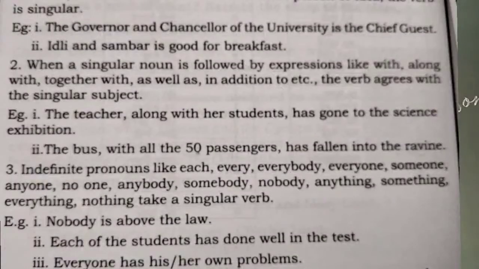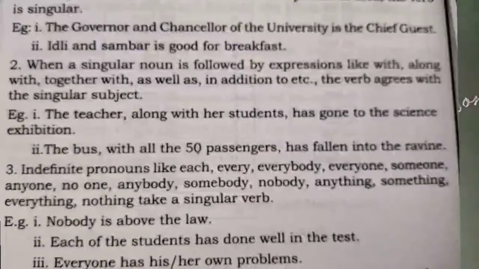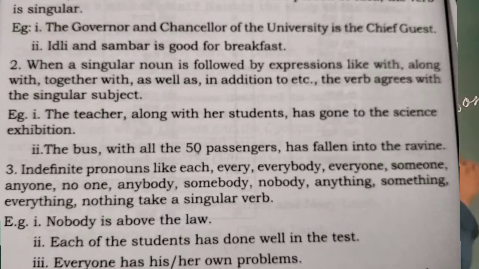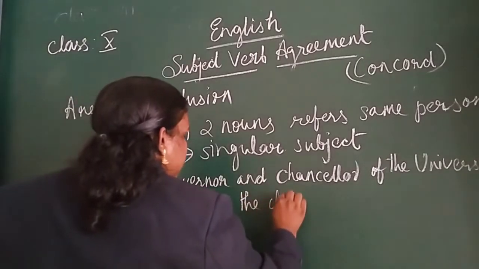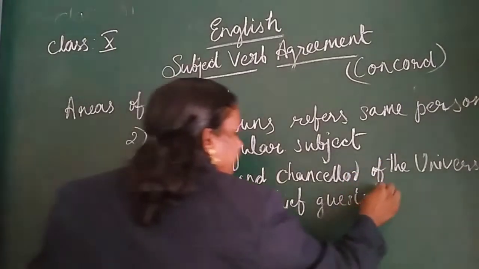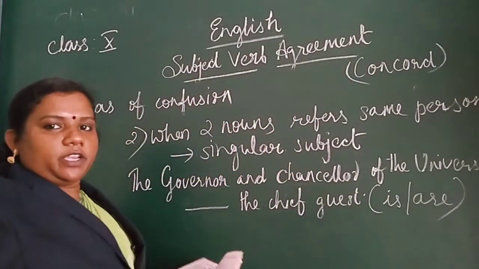Example: the governor and chancellor of the university, dash, the chief guest, in brackets, is or are. Which one will you select?